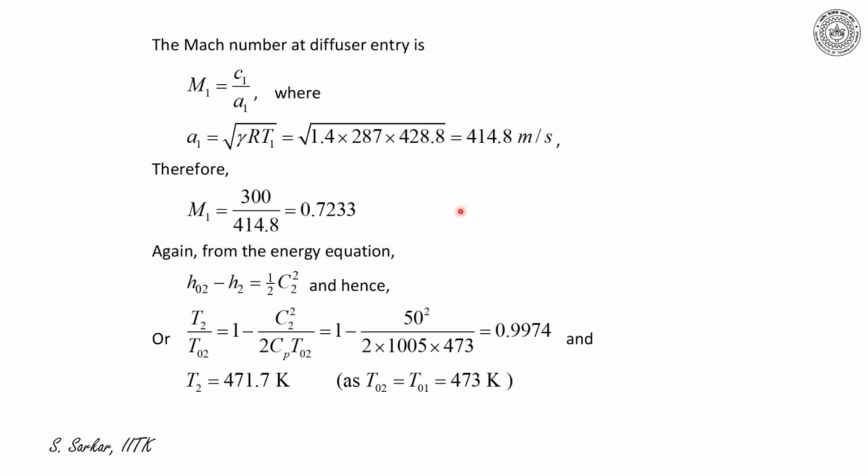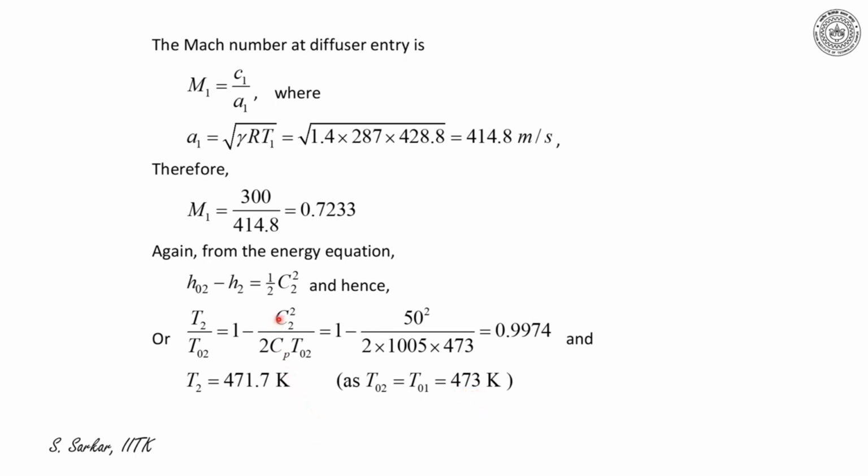Now I'll have to evaluate static temperature at exit of the diffuser. Again, applying energy equation at exit, I can get H02 minus H2 is equal to half C2 square. Thereby T2 by T02 is equal to 1 minus C2 square divided by twice Cp into T02. Now T01 must be equal to T02, that is equal to 473.